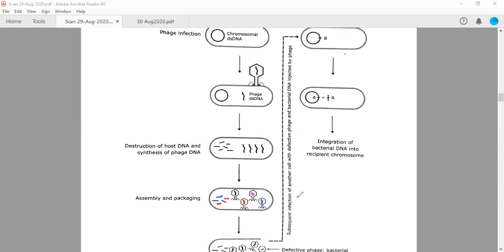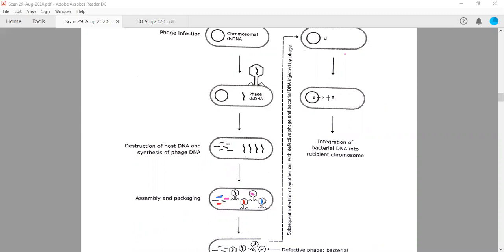So I was telling that because a large number of bacteriophages are being assembled inside the bacterial cell, and because there are also many fragments of the bacterial chromosome, there is a chance that several of these fragments can be assembled inside the bacteriophages.